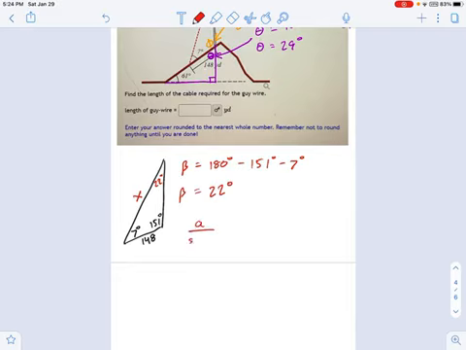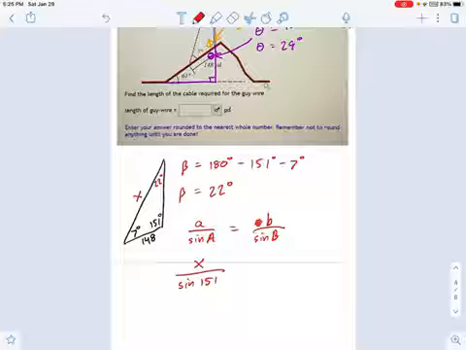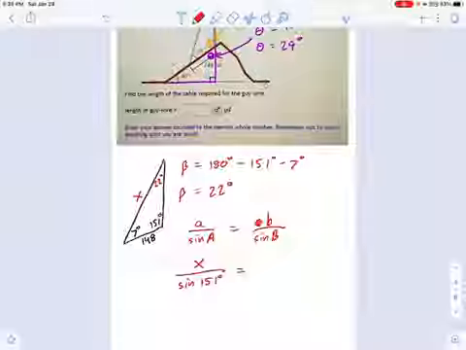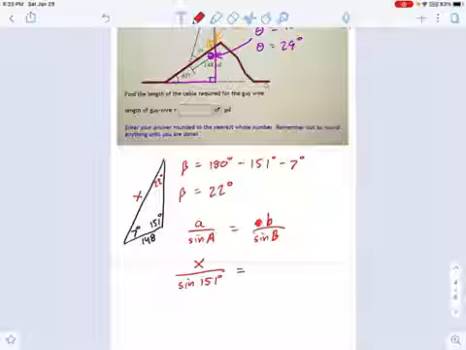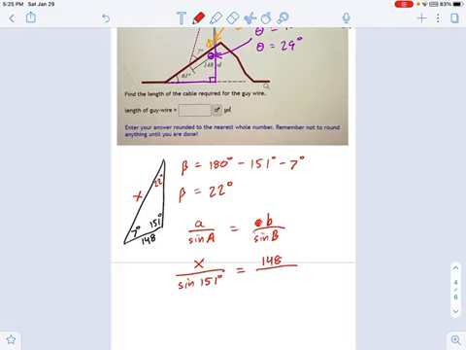Little a over sine A equals little b over sine B. Well, those are sides, and let's just put in the values we know and say x is a. So that's going to be x divided by sine of its opposite angle, 151 degrees, equals, pick something we know. How about b, 148, and the angle opposite b is 22, so that's going to be sine of 22 degrees.